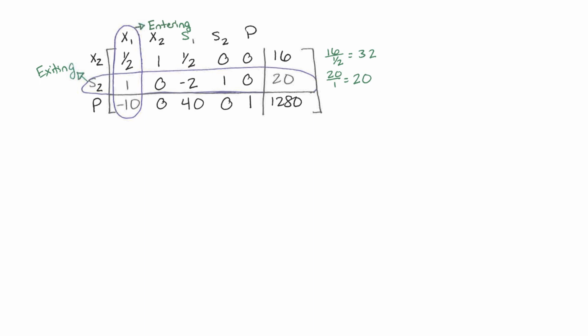So now x1 is the entering variable and s2 is the exiting variable. If you look at the s2 column, it's 0, 1, 0. That is what x1's column should look like when we finish our row operations. Now notice, in this case, we already have a 1 as our pivot element. So all we have to do is change the 1/2 and the -10 to 0.